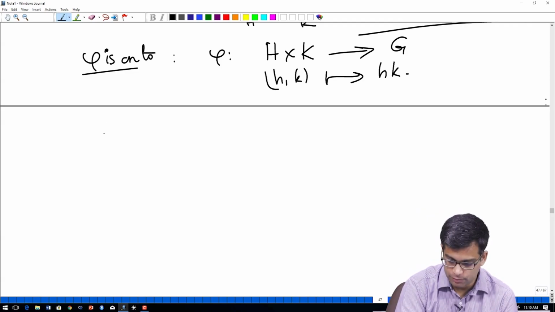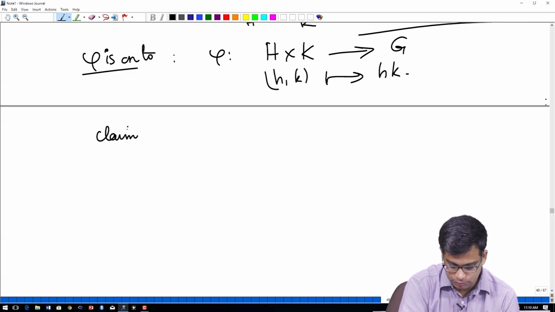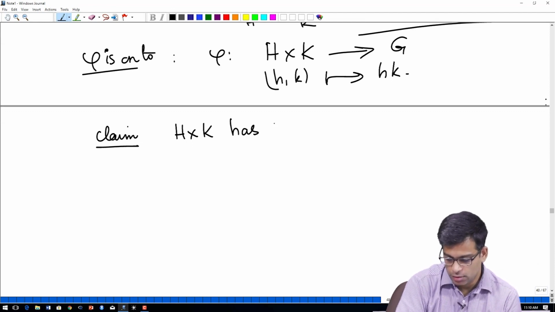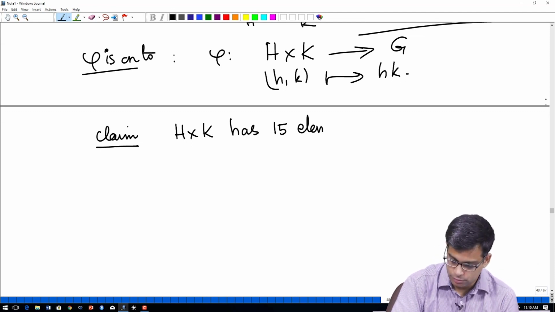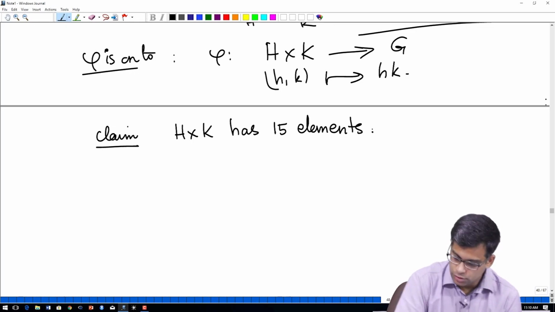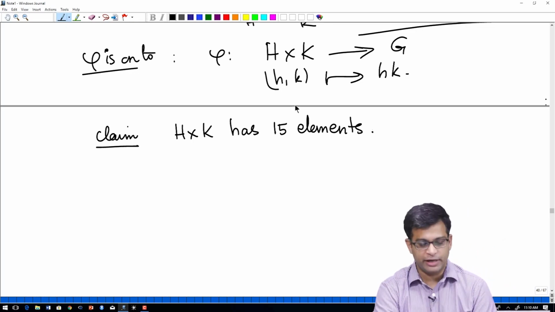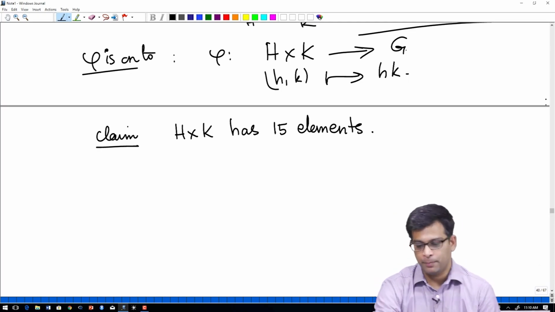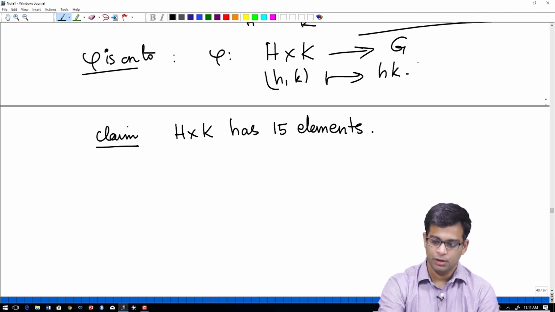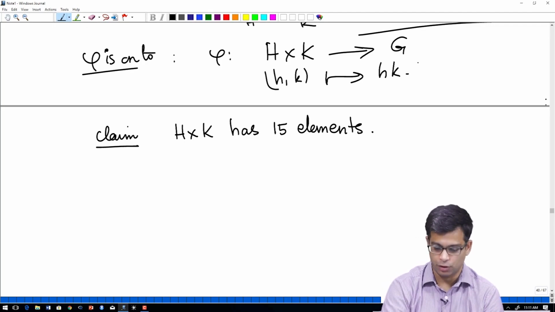I claim that H cross K has 15 elements. Suppose for the moment you grant me this claim. If it has 15 elements, it is a 1 1 map to G which is also 15 elements, it must be bijective, it must be onto.